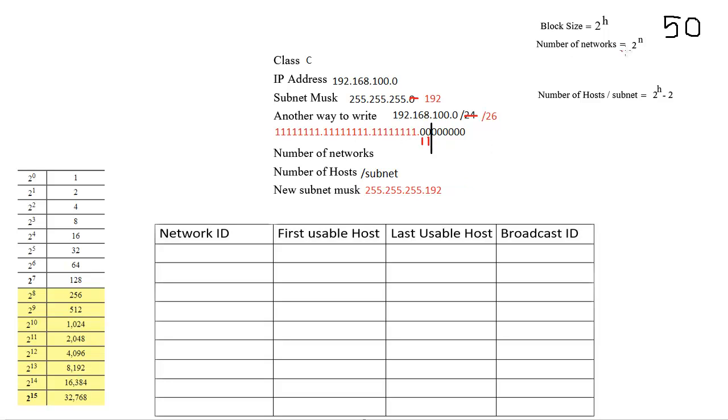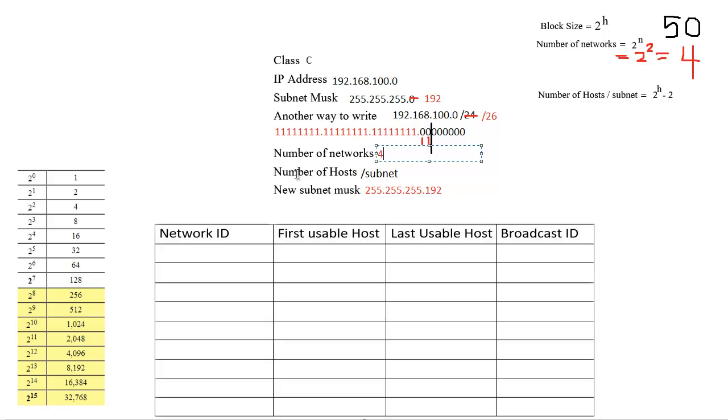Number of networks is 2 to the power n, and n is the number of ones. So how many ones do we have? We have 1, 2. That means 2 to the power 2, and 2 to the power 2 is equal to 4. Number of networks will be 4.